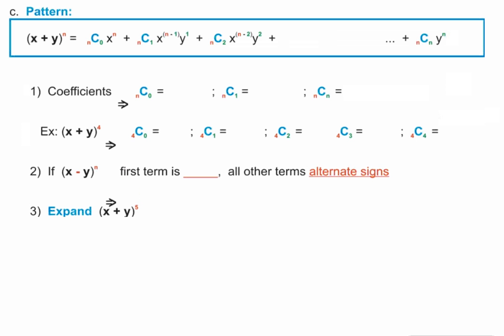All the coefficients are combinations. Aha. Hence the tie-in to what we did earlier with combinations. So when you're understanding coefficients, we have to understand a couple things.